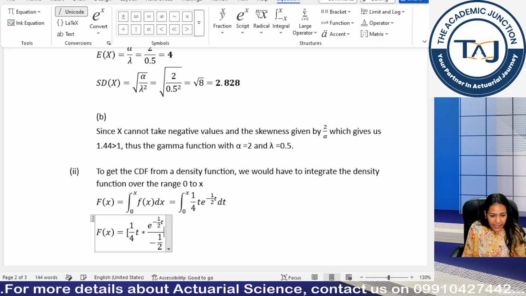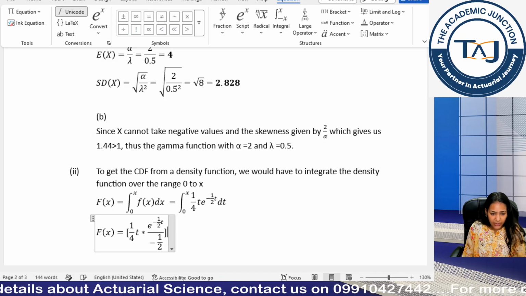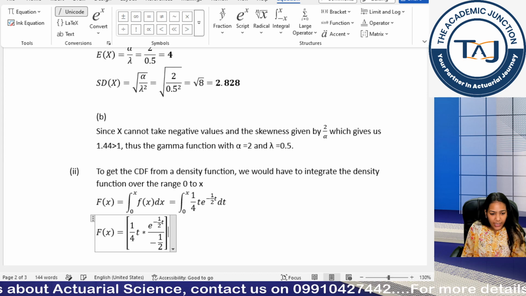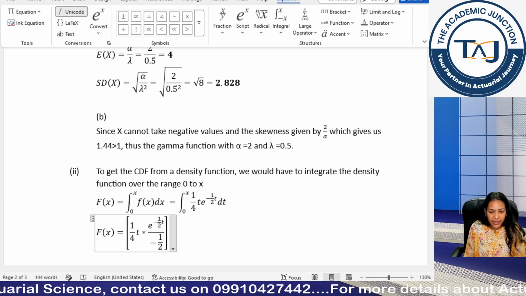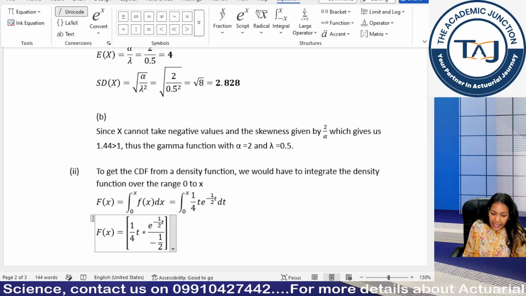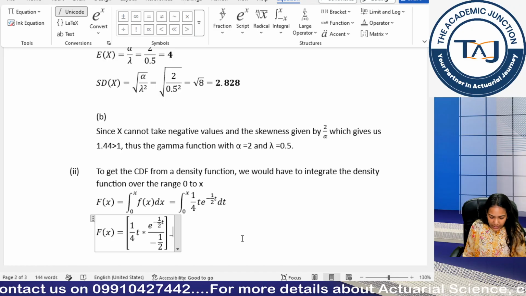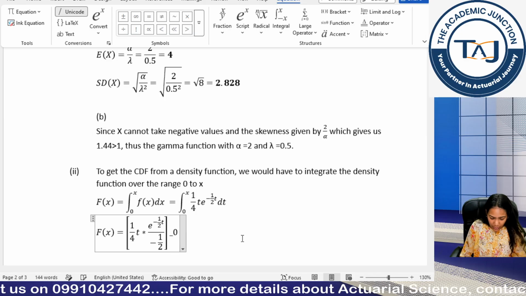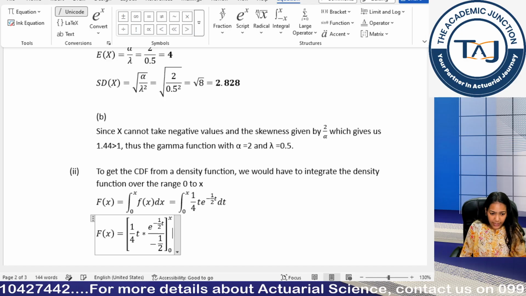So again space. Okay, then bracket close, bracket close. Don't worry, they will elongate. Got it? Now there are limits too. When we get the integration done, we have limits. So again the same procedure as we did in integration. For the lower limit, lowercase 0. For the upper limit, this sign, and we get x.